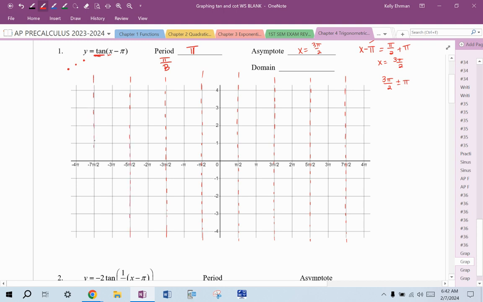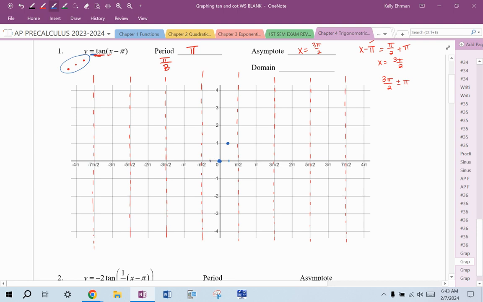And then for the branches, it doesn't matter where you start. I'm just going to start in the middle here. Again, I'm drawing these 3 points, and there's not an amplitude, but the A value here is 1. So in the exact center of the 2 asymptotes, you plot your point on the midline. And then halfway between that center point and an asymptote, so this would be at pi over 4, you reach up to that A value, which is 1.